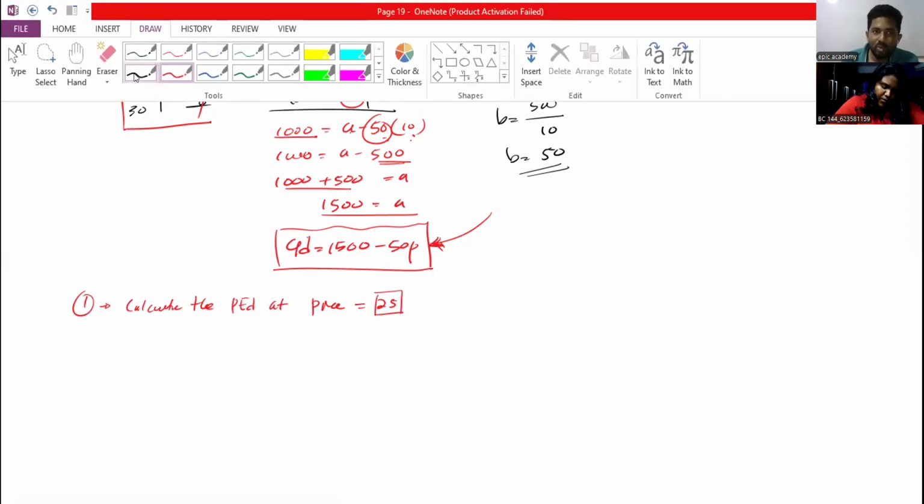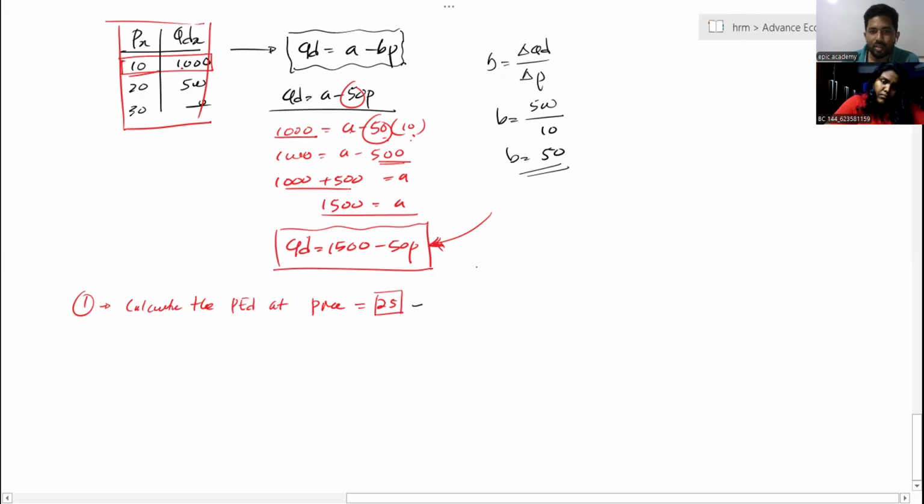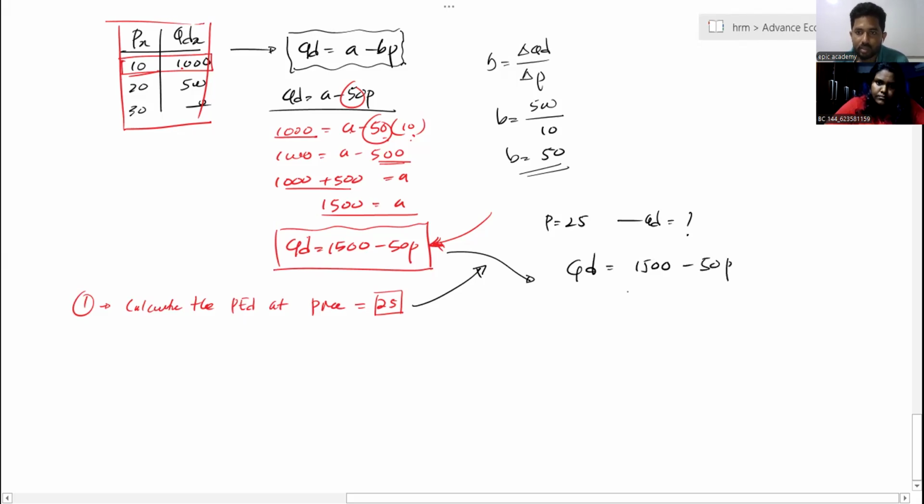So now you have to do another calculation before the answer. There is a price 25, but there is no quantity demanded. You have to find it. How can you find it? Just use the equation. The equation says QD equals 1,500 minus 50P. For P, you can put the value 25.